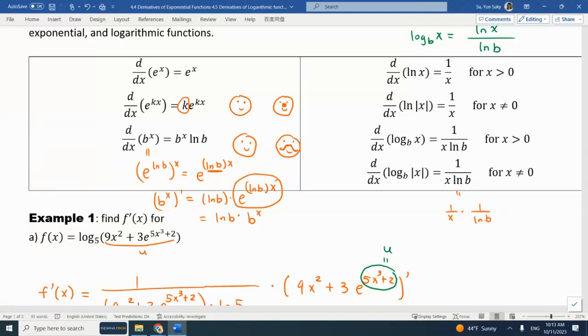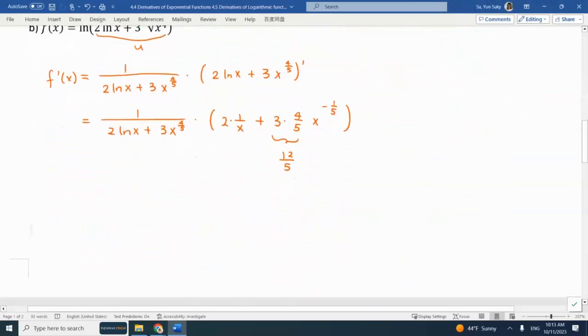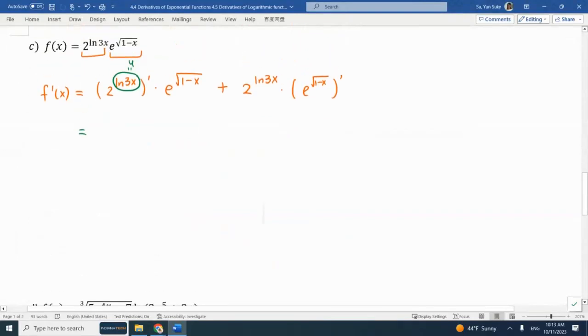If you're not familiar with the formula, write it down on a piece of paper and review it every day, because knowing the formula is the basic first step. If you don't know the formula, you get stuck.